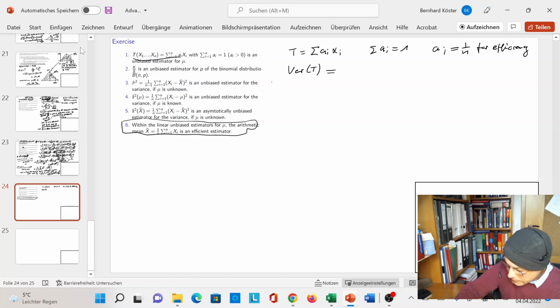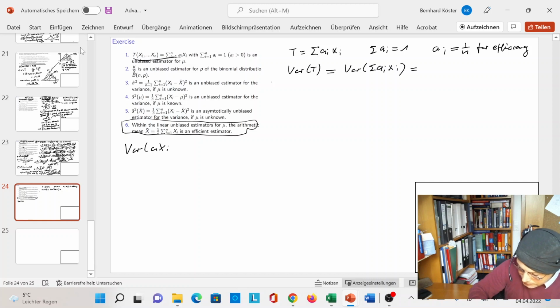For the variance, we know the variance of sum a_i x_i. At first, from our property, a times x_i, in the variance this takes out with a square. So it is not a linear operator.